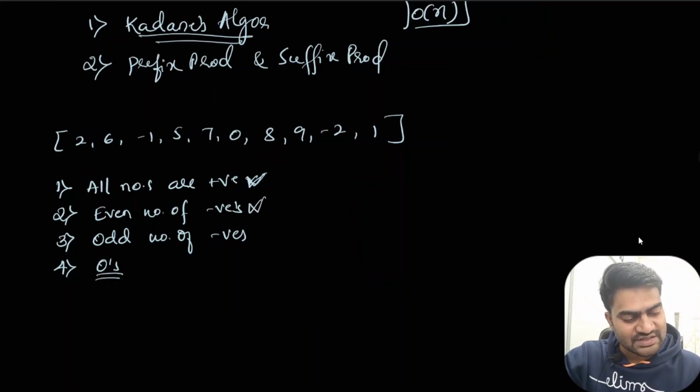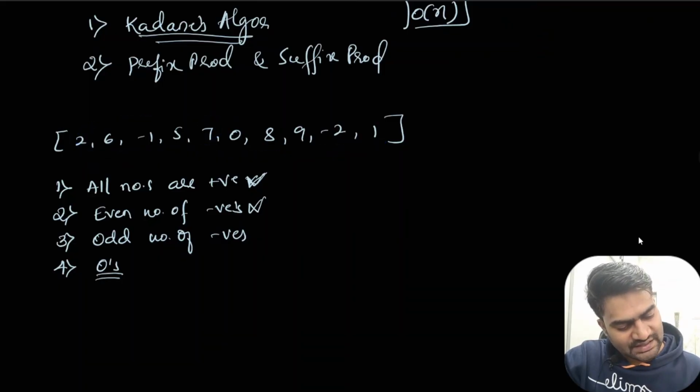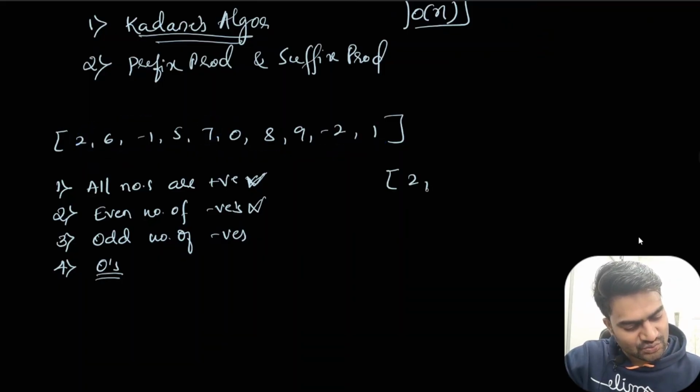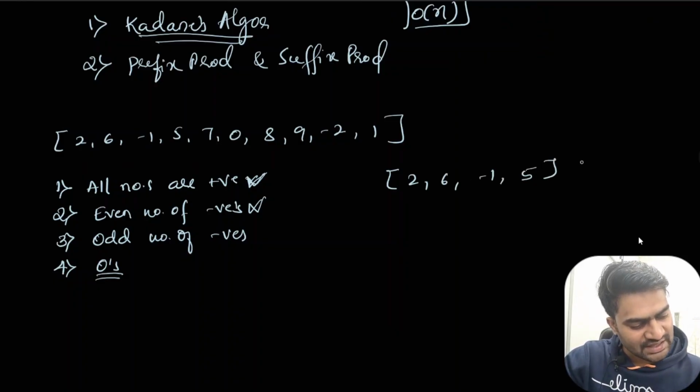Now what happens if there are odd number of negatives? Say for example, out of this entire array, let us only consider this part, which is 2 comma 6 comma minus 1 comma 5. Or we can also consider the other part, which is 8 comma 9 comma minus 2 comma 1.